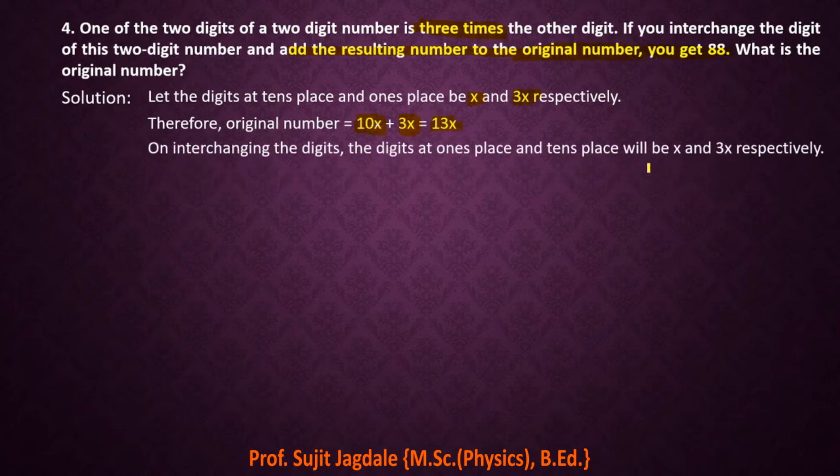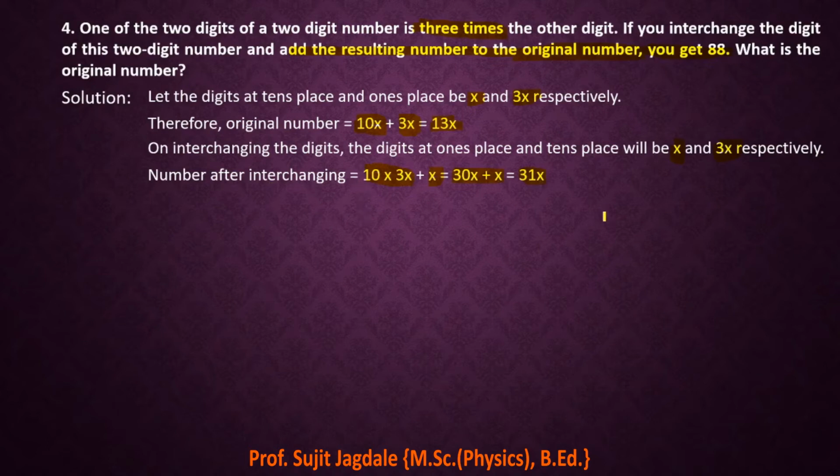After interchanging the positions, now x is the ones place and 3x is the tens place, and again in expanded form that will be 10 into 3x plus 1 into x, which is 30x plus x. That means 31x is the new number after interchanging the digits.